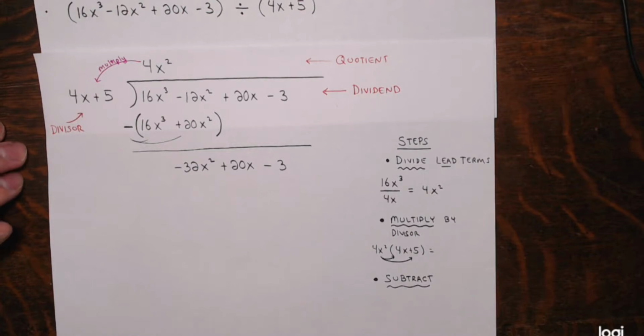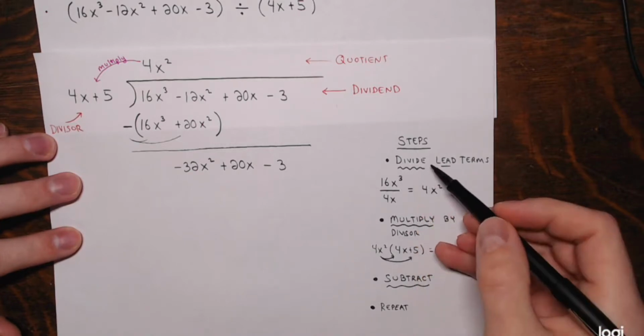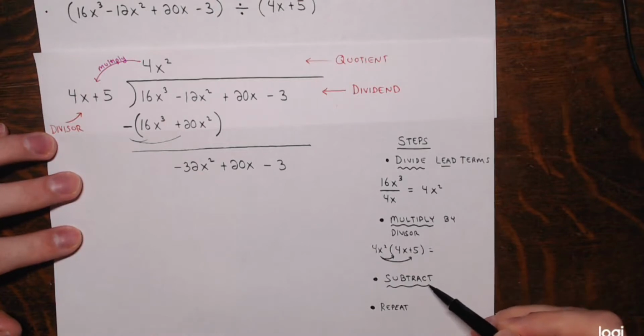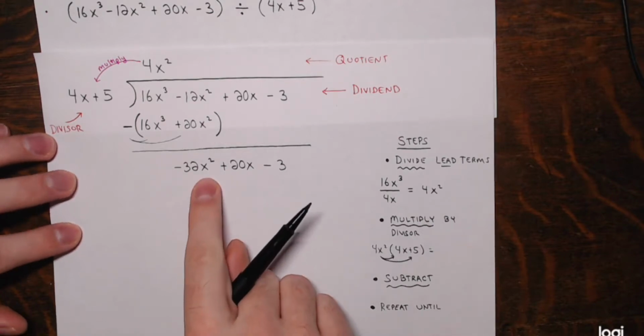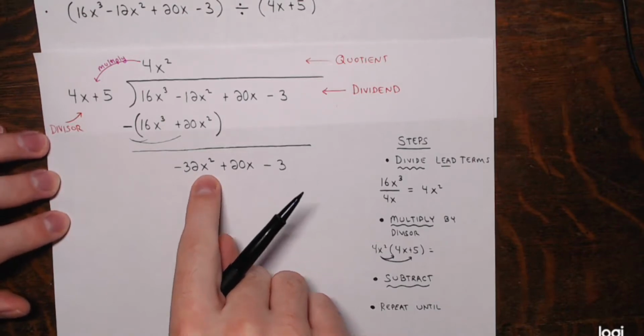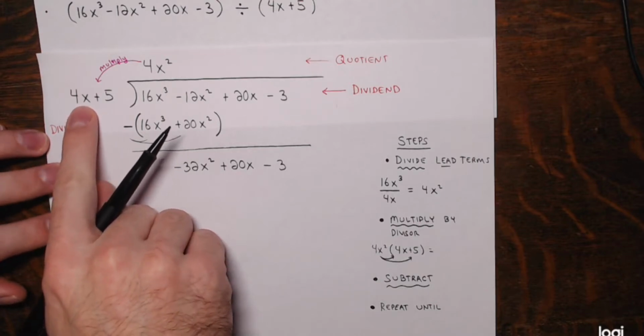All right, then you just repeat. You repeat these steps: the division step, the multiplication step, the subtraction step. Repeat until the degree after the subtraction step is less than the degree of the divisor. The divisor is a degree 1 polynomial.